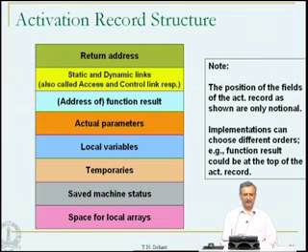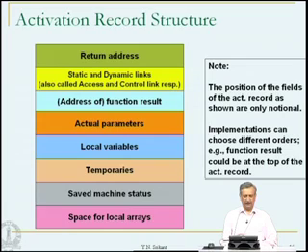Actual parameters which are passed to this particular procedure call are stored here. So, the caller will evaluate the parameters, and then depending on the type of parameter passing, either the value or the address is placed in the actual parameter list.